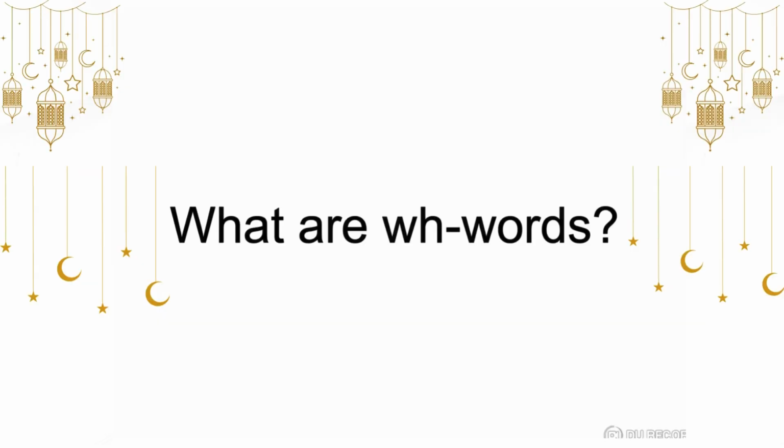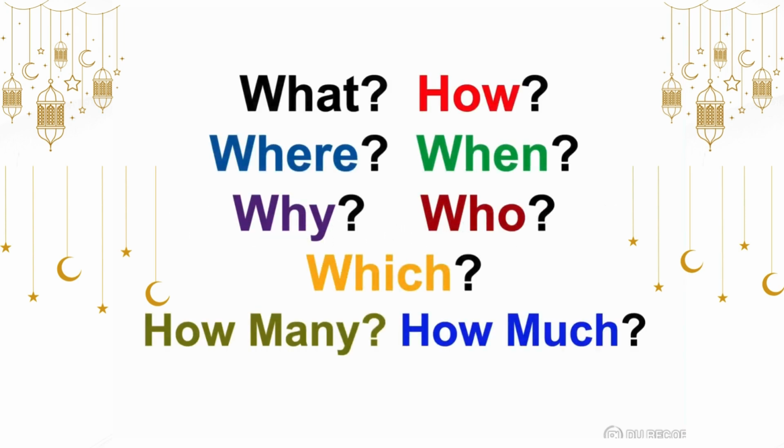The question is, what are WH words? Let's see. We have seen these in the previous lessons and we've explained everything. For example, what we use it for things. How for manners or method. Where for places.